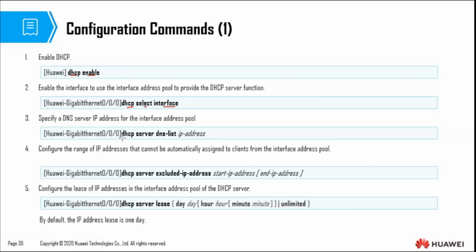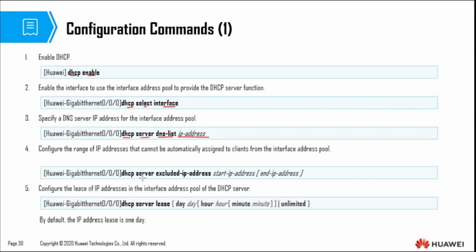After that, we can use the command DHCP server DNS list. Then we give an IP address. This is used to give the IP address of a DNS server. I'm going to tell you what a DNS server is just now, so be patient. Just know that's one of the IP addresses that hosts need in order to access the internet.